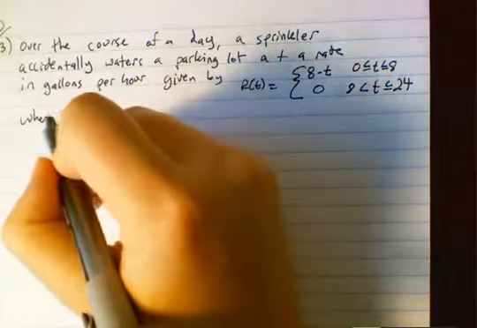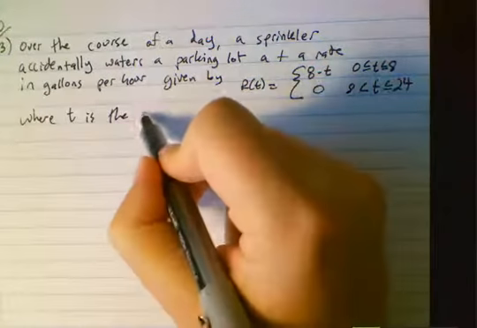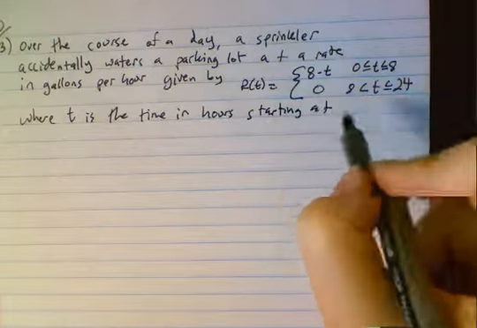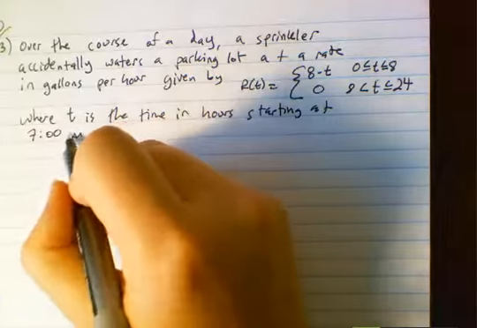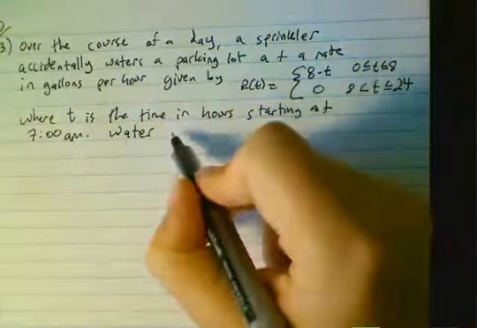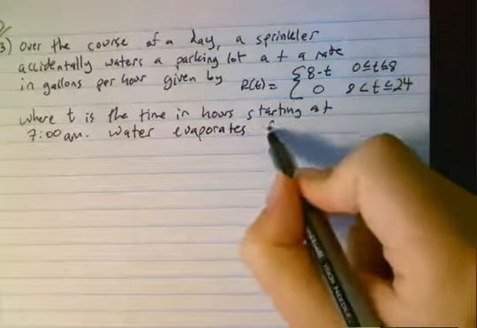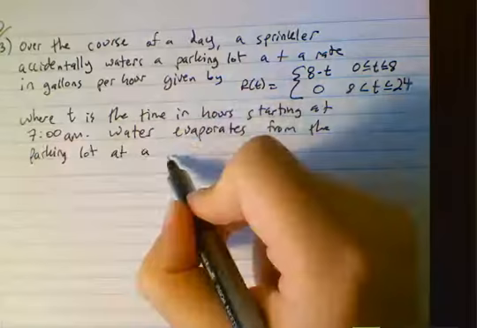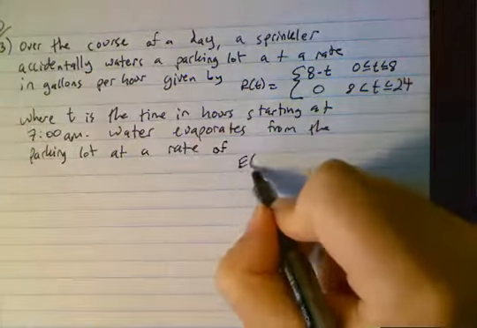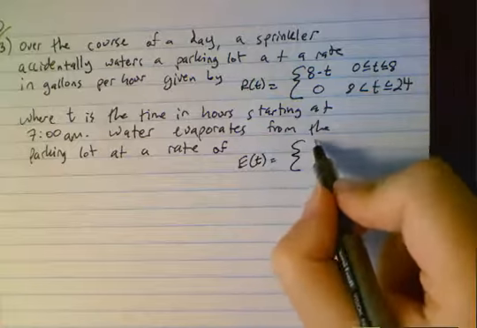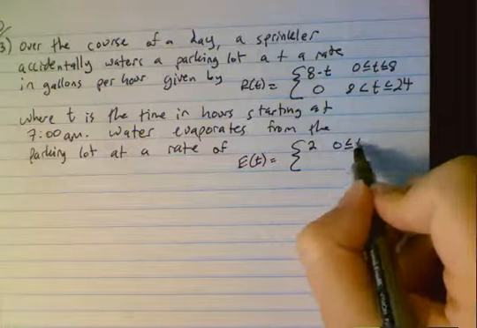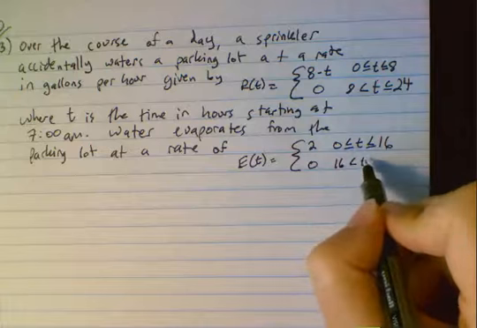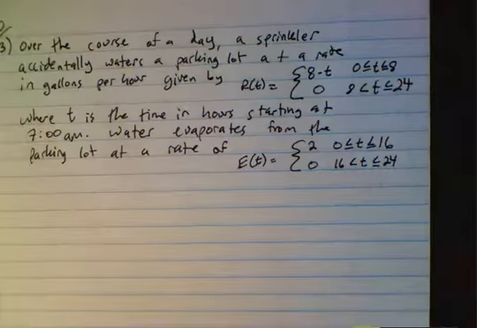where t is the time in hours starting at 7 o'clock a.m. Water evaporates from the parking lot at a rate of E(t), for evaporation, equals 2 when t is between 0 and 16, and 0 when t is between 16 and 24.